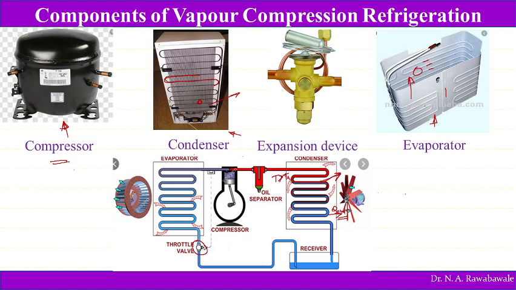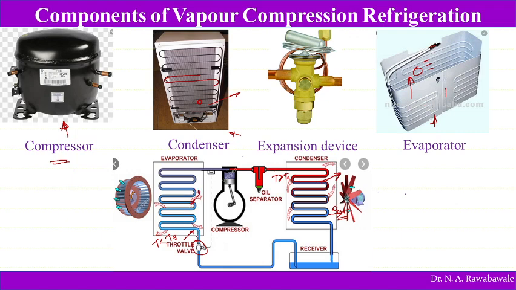Now when it is passed into the expansion valve, the throttling valve, pressure and temperature are going to fall. So the temperature of this refrigerant is less than the space temperature where it is to be cooled. So heat from this space enters into the refrigerant. If these two temperatures are the same, then it is impossible for heat to flow from this space to the refrigerant.